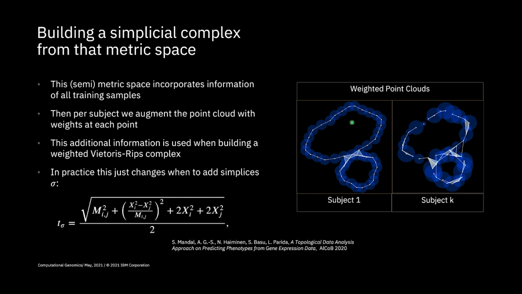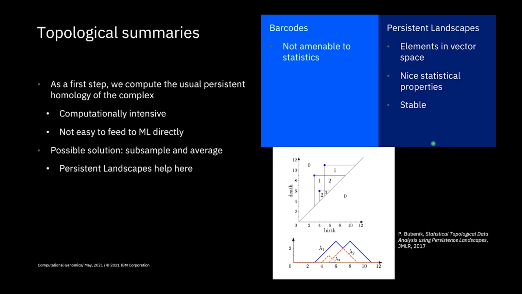So for instance, one point cloud could look like this, and another one with different weights could look like this, right? And the thing is that this gives us different simplicial complexes for different subjects, and so now we can think about computing persistent homology, for instance, right?